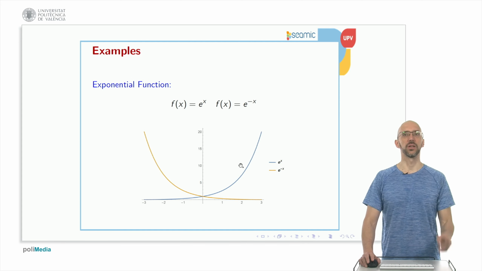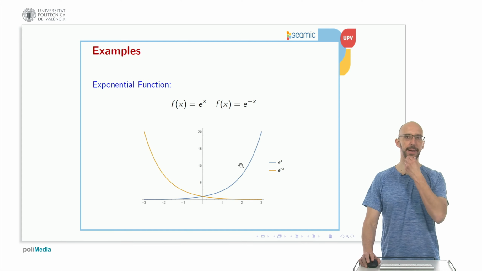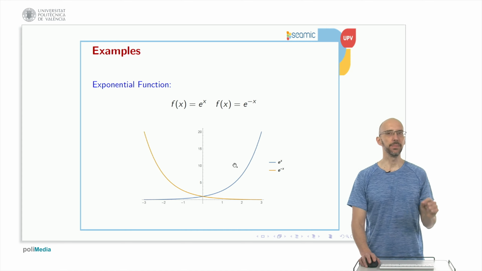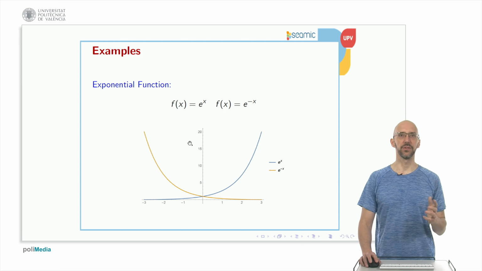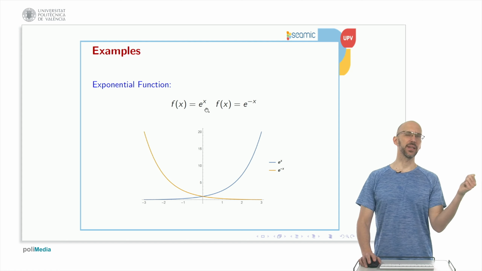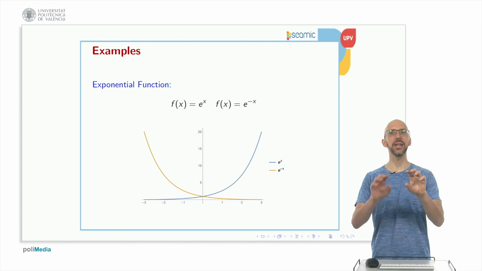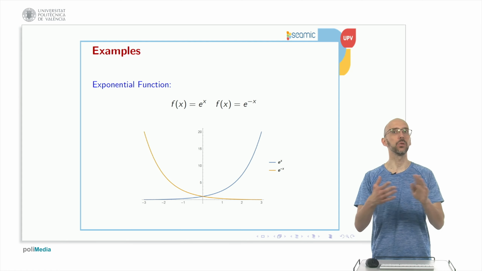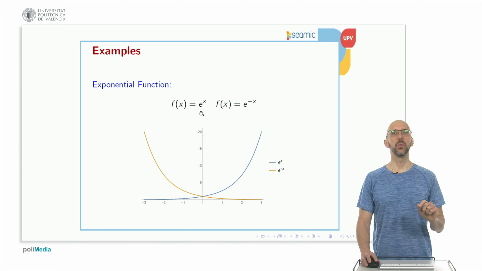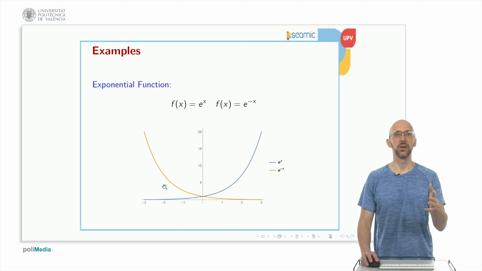Okay, exponential functions. Two important exponential functions. I think this is something that we also must remember, and it's going to be used many, many times. Remember that the exponential function has the shape a to the power x, where a could be any number. If we take the number e, then we have this kind of exponential function that looks like this.